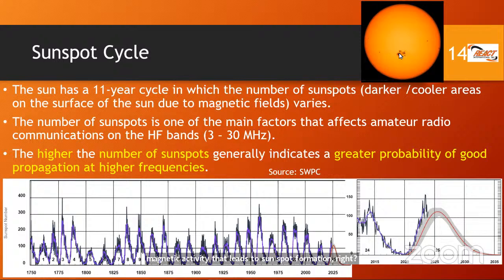Now they're still very hot, but relatively cooler in the sense that these magnetic fields pull the material back inside, causing it to appear a little cooler than the rest of the sun. So it's very hot still, but you can see it in this picture, actual sunspots on the sun, right?